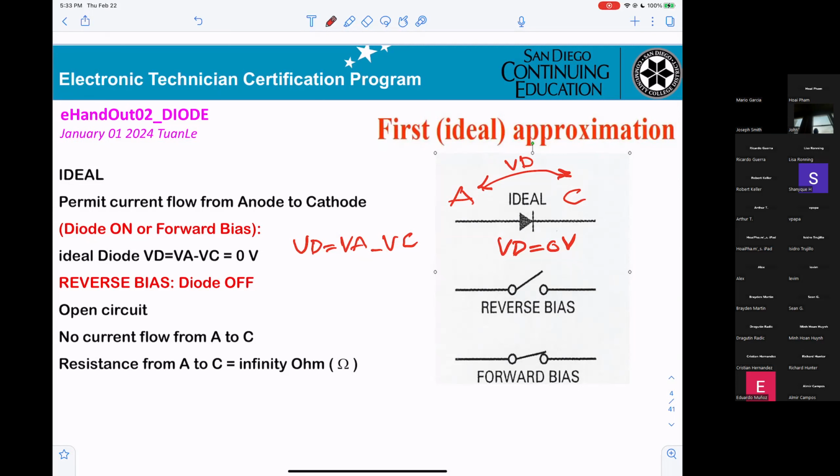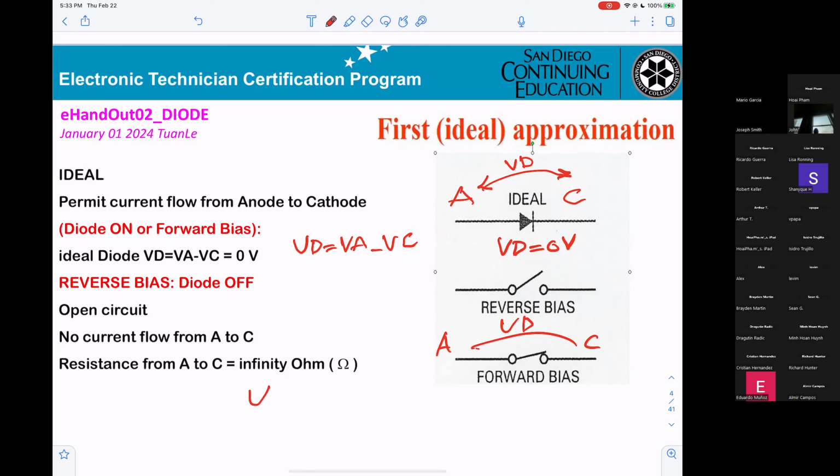So when they say ideal diode, that means VD is 0. However, we do not deal with that. We deal with the practical diode. That will be A, that will be C, and also that will be VD.